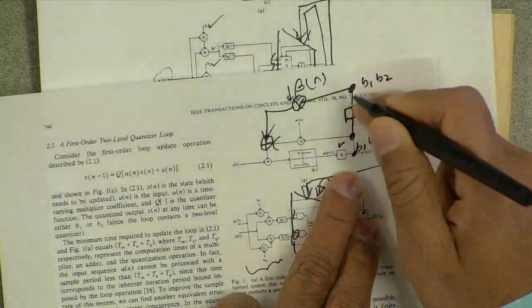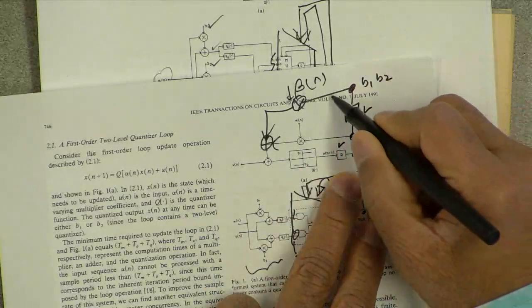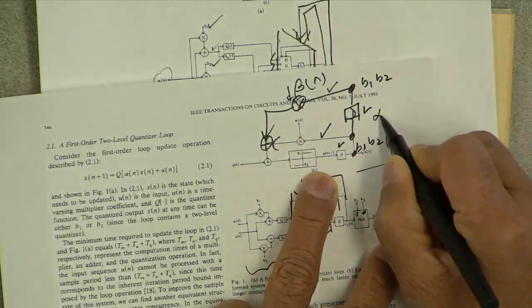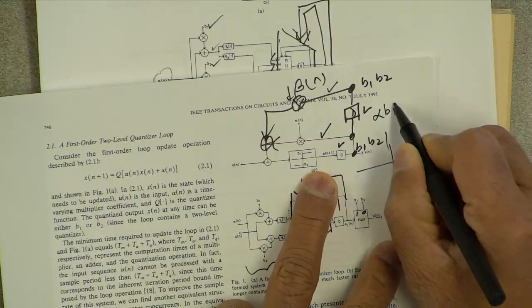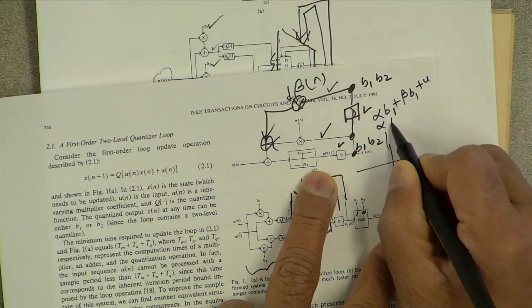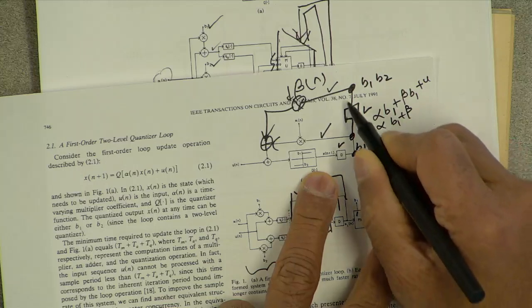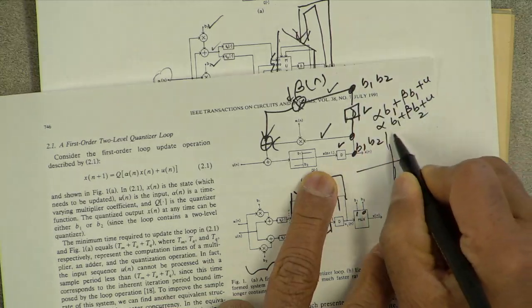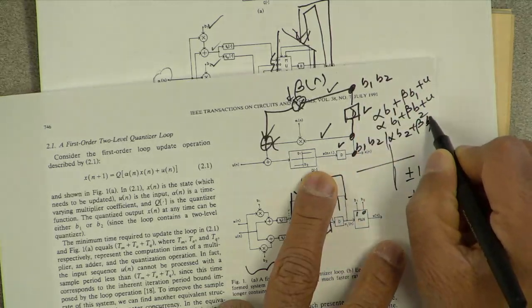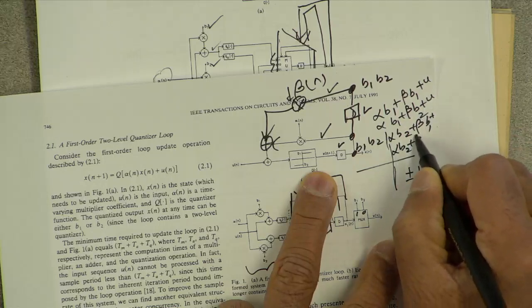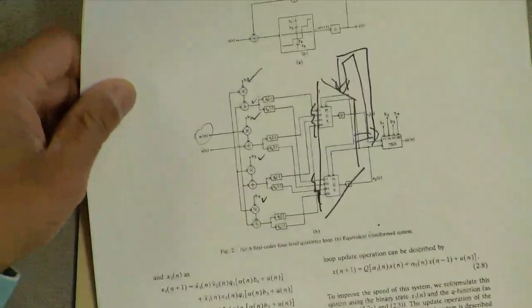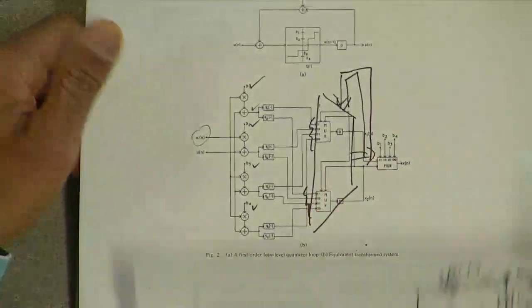So the total number of values that these 2 things can take together would be 4 possible values. So the things we need to pre-compute are alpha times B1 plus beta times B1 plus input U; alpha times B1 plus beta times B2 plus U; alpha times B2 plus beta times B1 plus U; and alpha times B2 plus beta times B2 plus U. So we need to pre-compute 4 things, similar to these 4 things here, but in a different way.